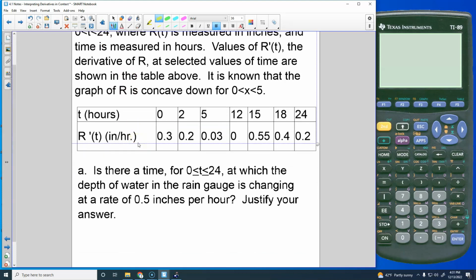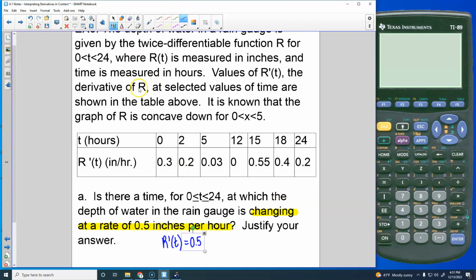The rate of change of the water is what we're looking for. So we're looking for a time when r prime of t, our rate of change of the amount of water, equals 0.5.